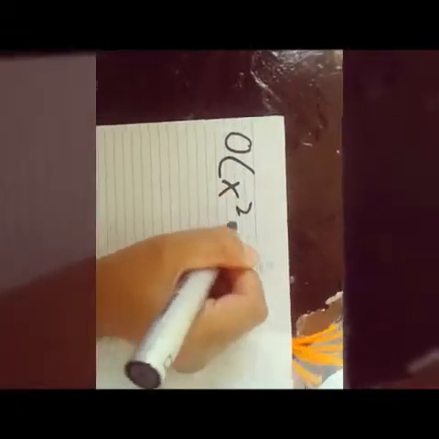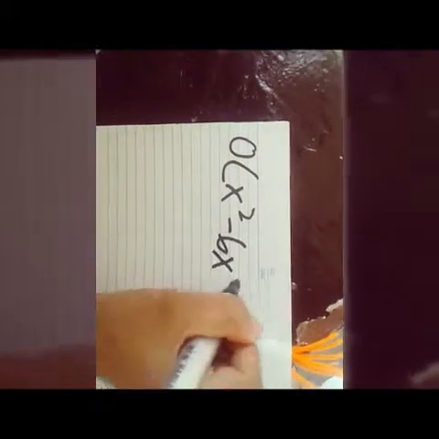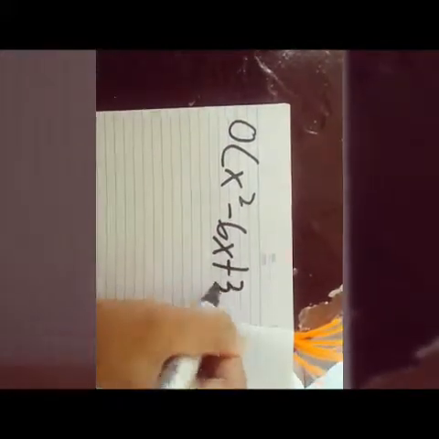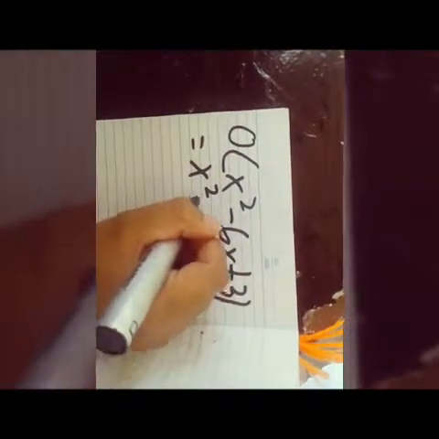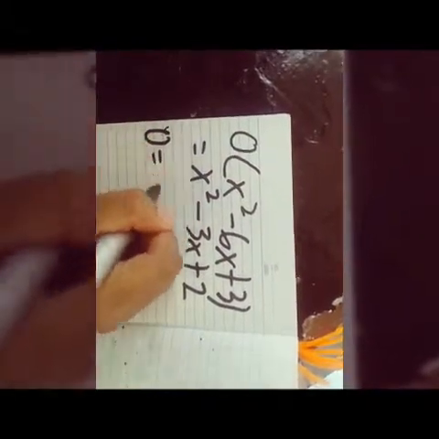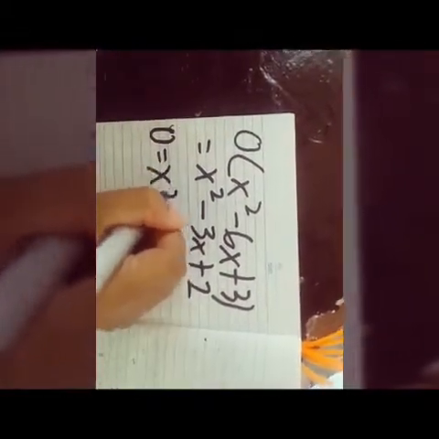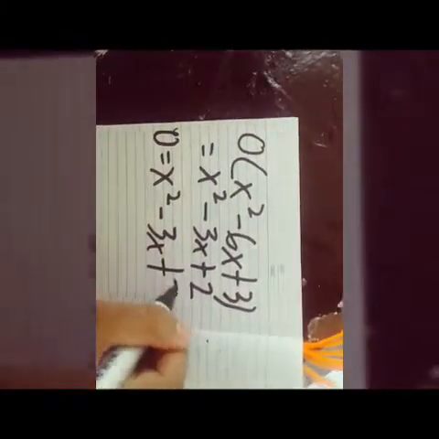For the x-intercept, 0 equals x squared minus 3x plus 2 all over x squared minus 6x plus 3. Multiplying out, 0 equals x squared minus 3x plus 2.